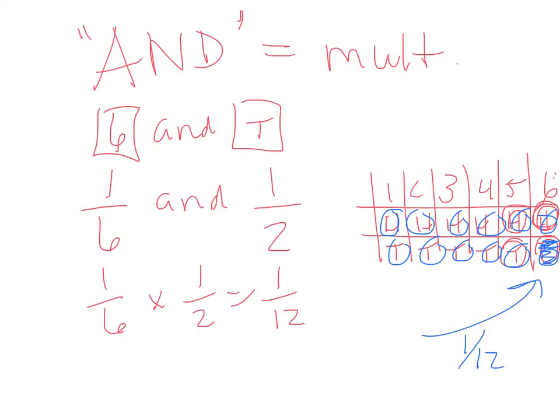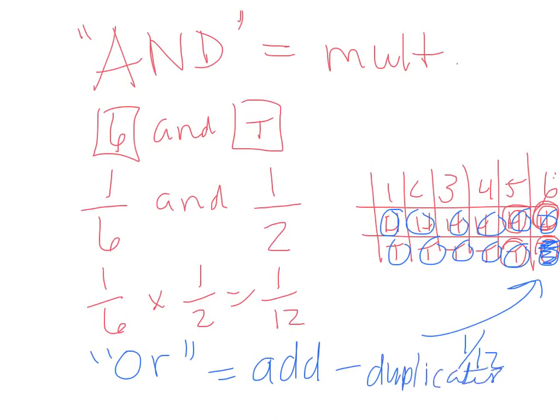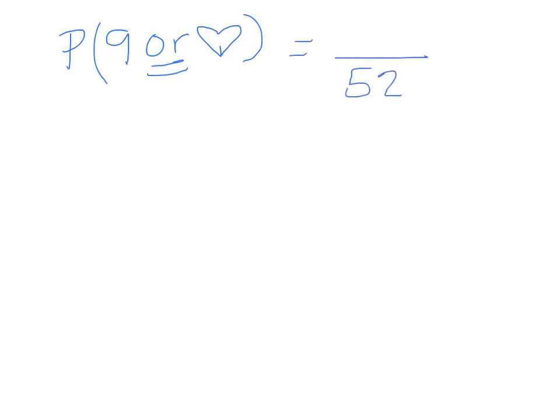The word or is more about addition and subtracting off duplicates. Or means to use addition and subtract off duplicates. For example, if I were to ask you the probability of getting a 9 or a heart in a standard deck of cards, first of all, we know the denominator is 52 because there are 52 cards.